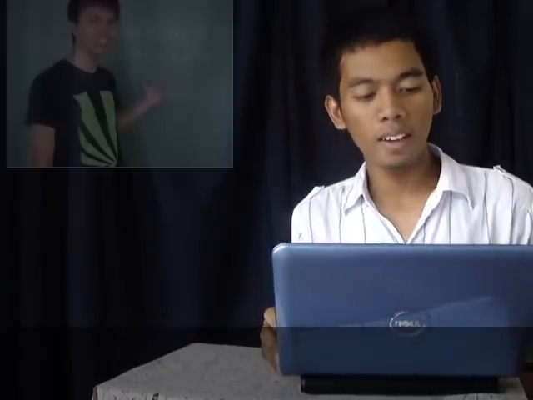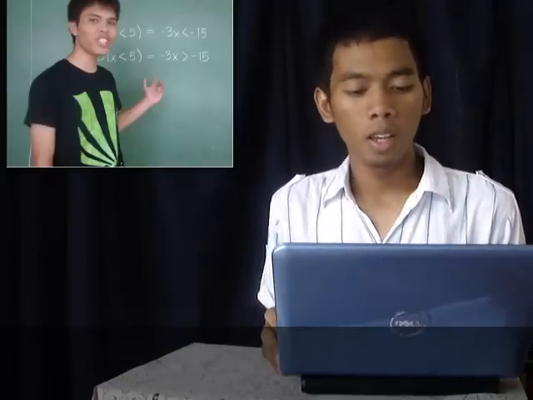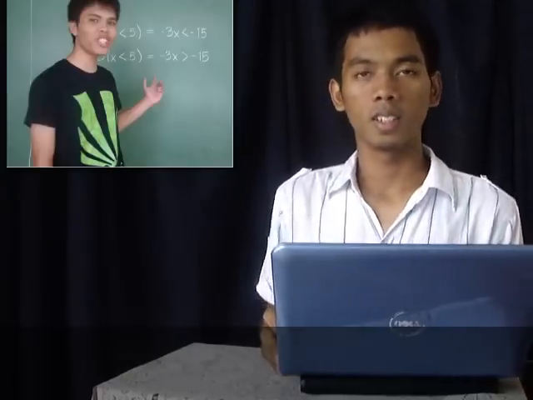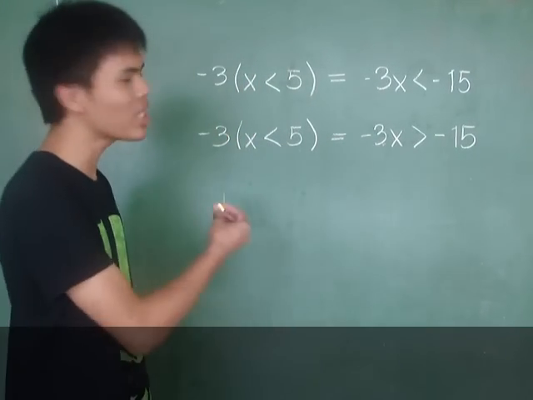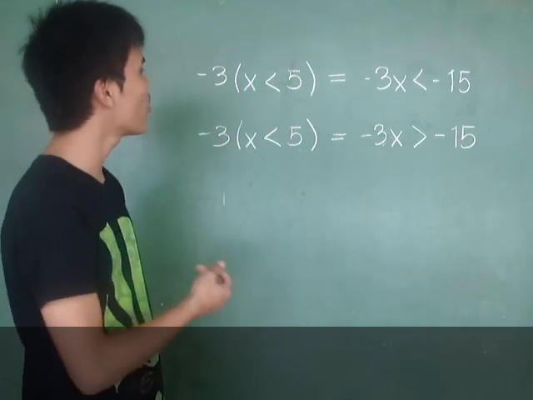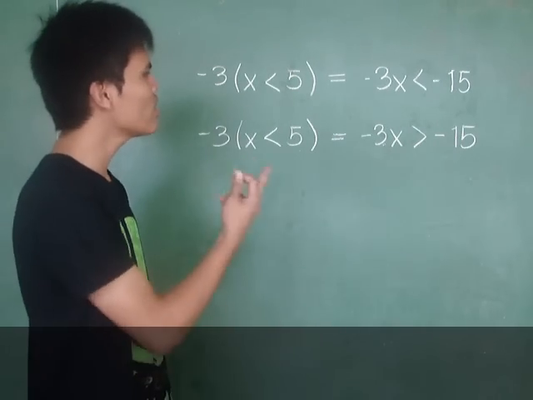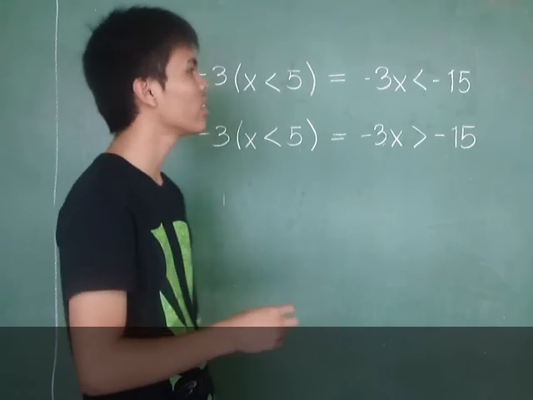Indeed a mathematician. Next, we have inequalities. Multiplying the inequality by a negative flips the inequality. Here's our top 7 misconception. Negative 3 times the quantity of x less than 5 is equal to negative 3x less than negative 15.